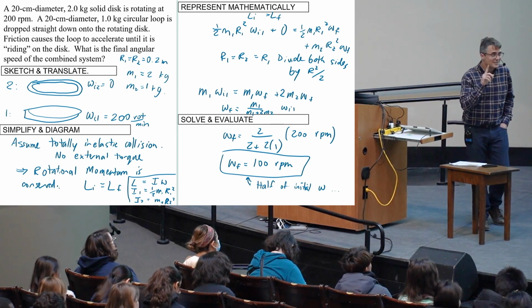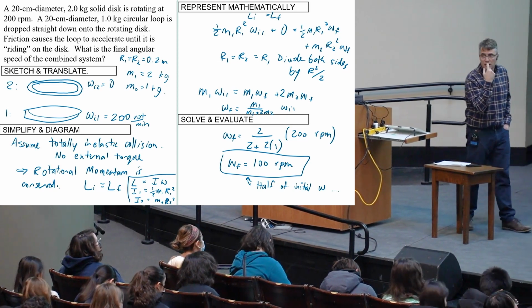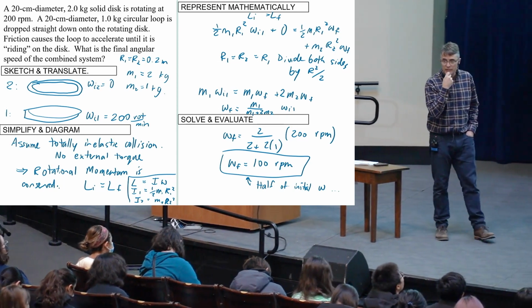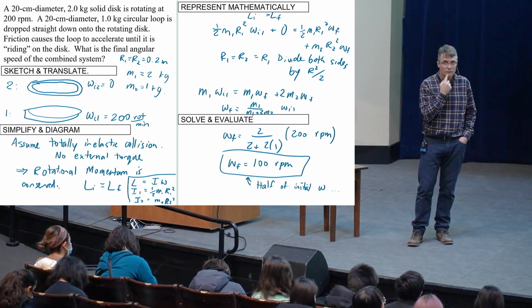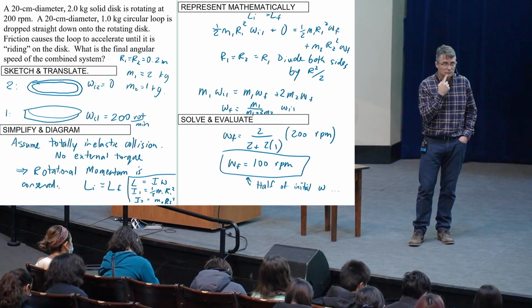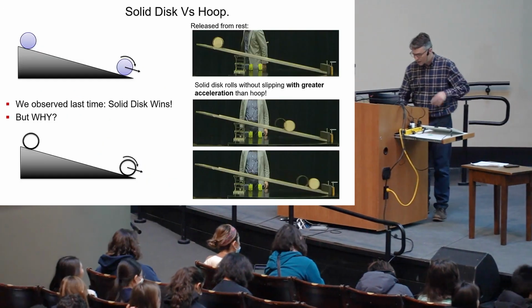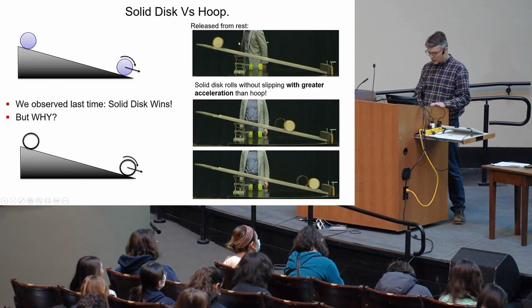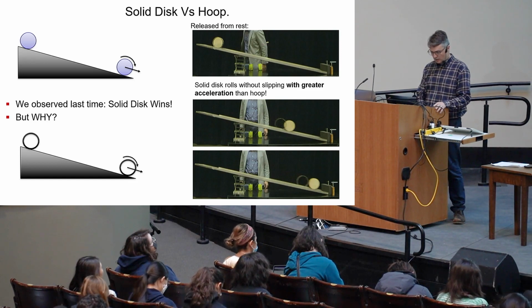There was one more thing I didn't do last time, which is the analysis of that demo with the rolling without slipping down an incline. So why don't we do that? It was this. You remember we had the hoop versus the solid disk.